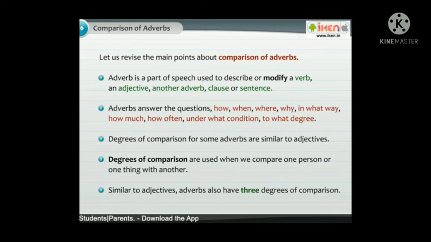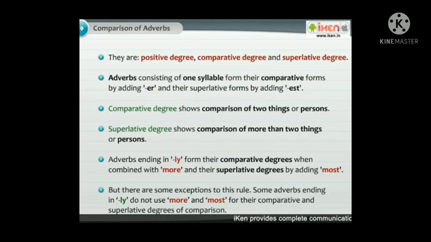So these are the key points which we have learnt in the chapter. They are positive degree, comparative degree, and superlative degree. Adverbs consisting of one syllable form their comparative form by adding er and their superlative forms by adding est. Comparative degree shows comparison of two things or persons. Superlative degree shows comparison of more than two things or persons. Adverbs ending in ly form their comparative degrees when combined with more and their superlative degrees by adding most.